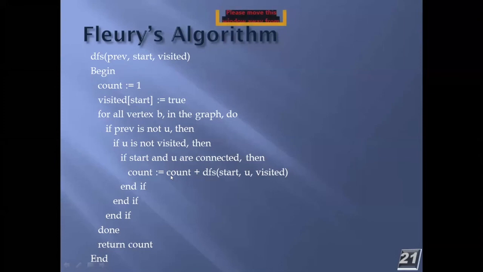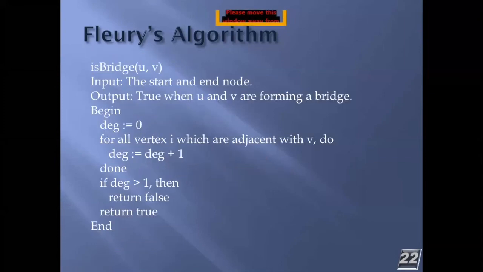After the DFS function, I am calling the isBridge function, a boolean function, from the main function. The function will return true if there is a bridge between the start node, which is u, and the ending node, which is v, and return false if there is no bridge between u and v.